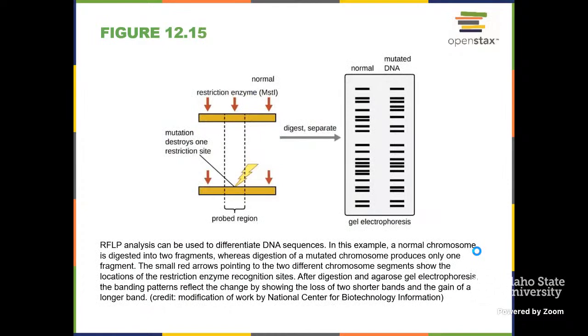So this, we're looking at some differences with a normal or wild type DNA and then the mutated bit that we can see some potentials that have happened in here. So the RFLP is restriction fragment length polymorphism.